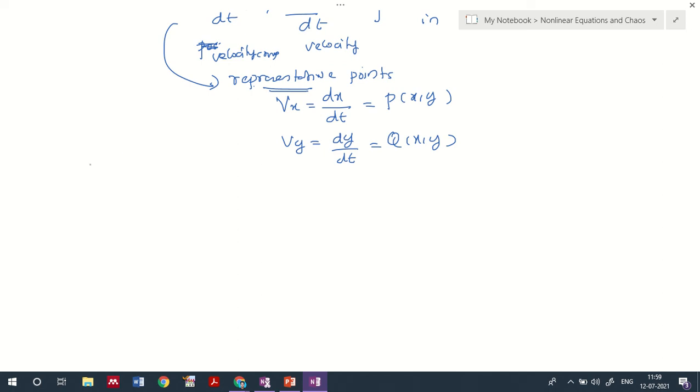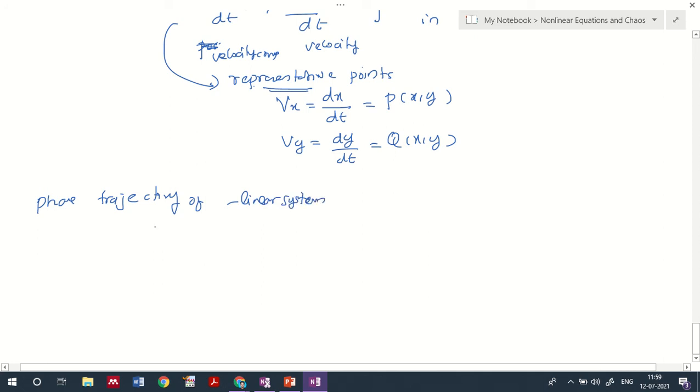For that, we need to examine how the phase trajectory of a linear system looks, and also the phase trajectory of a non-linear system.